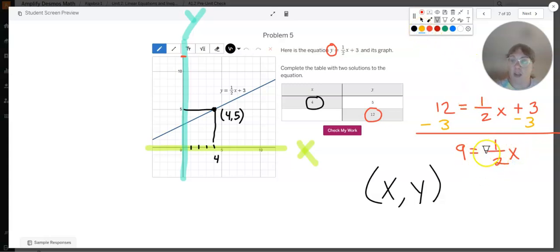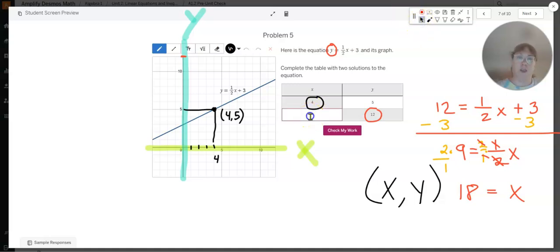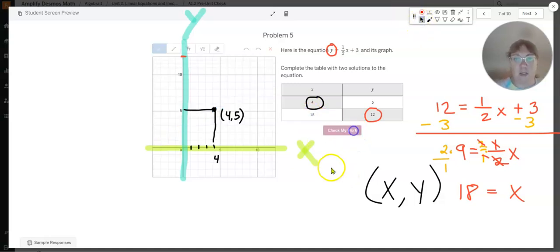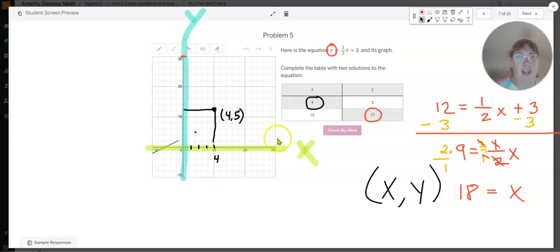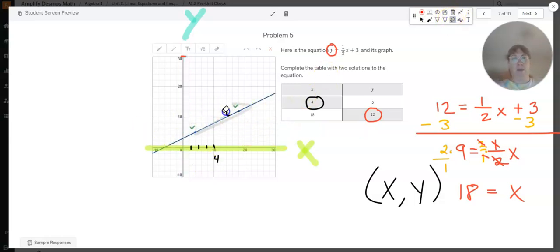To get rid of the fraction, we multiply by the reciprocal, 2 over 1. 2 times 9 is 18. These 2's cancel, these 1's cancel, and we're just left with x. So when x is 18, y is 12. And you can see it'll blast out, and you can see that that point is correct. Beautiful. Once you have everything that you need here, push ahead to slide 8.